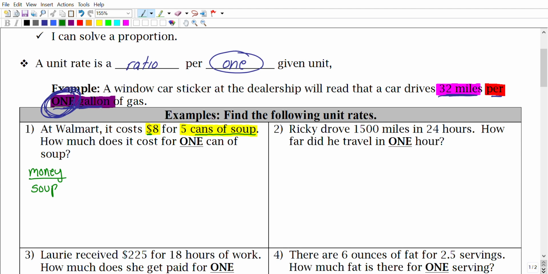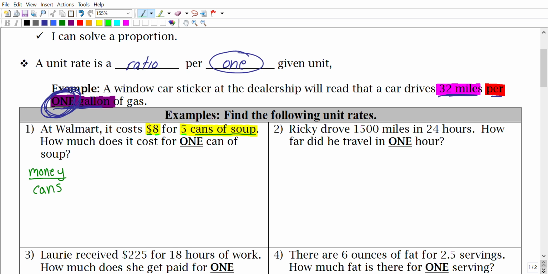Okay? And actually, I'm going to go ahead and change that real quick. I'm going to say cans instead. Cans of soup. All right, so we're comparing money and cans of soup. So now with the information that we have so far, we're given two different numbers here. We are given 8 and 5.